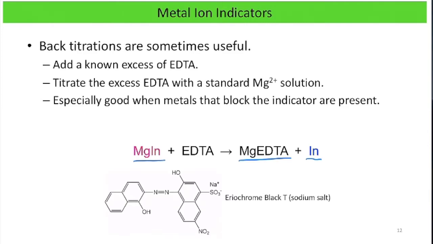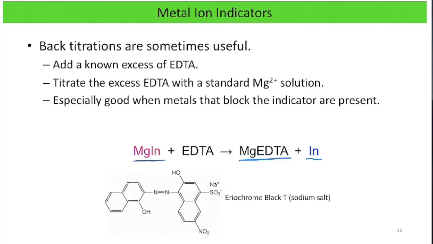Now, we've talked about back titrations before, and I'll have an example of that a little bit later on. Sometimes they're useful for EDTA titrations as well. It's the same process as we talked about before, where in this case you'd add an excess amount of EDTA. Previously in an acid-base titration, you'd add an excess amount of the strong acid or strong base, whatever the titrant is. In this case, the titrant is EDTA, so we add an excess amount of EDTA.